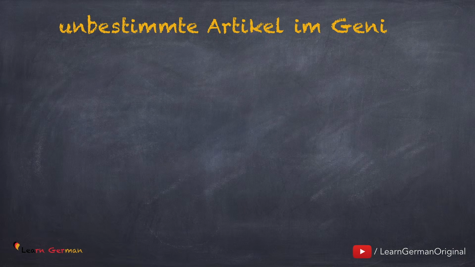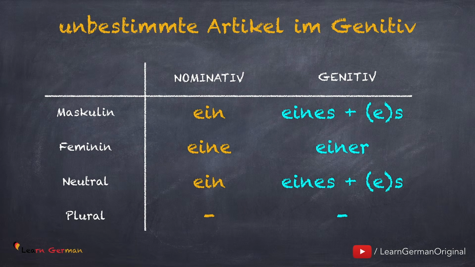Hier gibt es keine Pluralform. Und hier ist eine Übersicht. Für maskulin und neutral benutzt man eines plus es oder nur s am Ende. Und in feminin benutzt man den Genitivartikel einer.